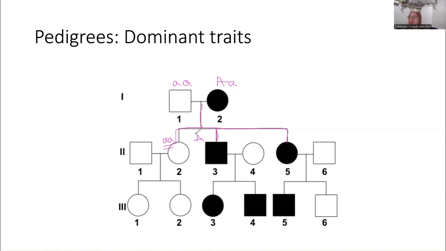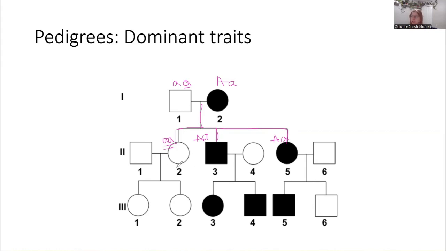I also know that because this son got the big A from mom, he also must be heterozygous because dad only has little a's to give him. Let's look at the last daughter. She is expressing the dominant trait, so she inherited that big A from mom, and she inherited a little a from dad because that's all he has to give her.